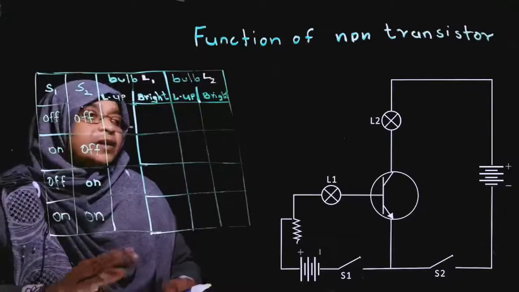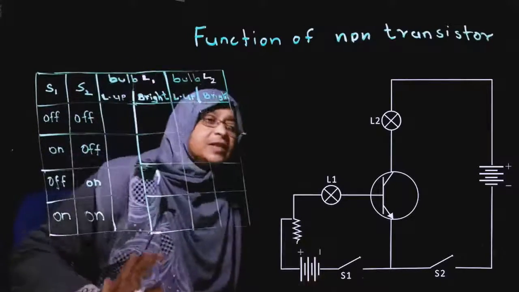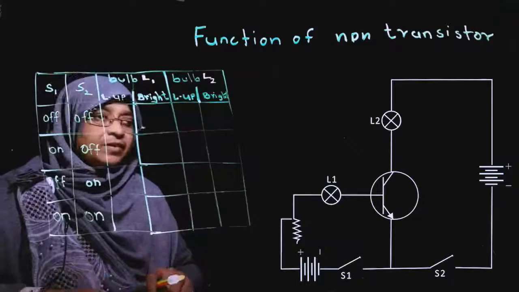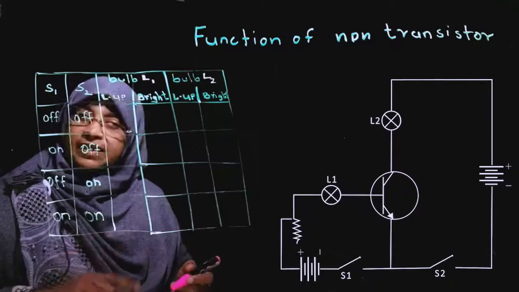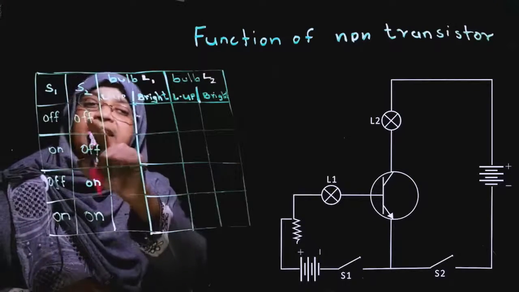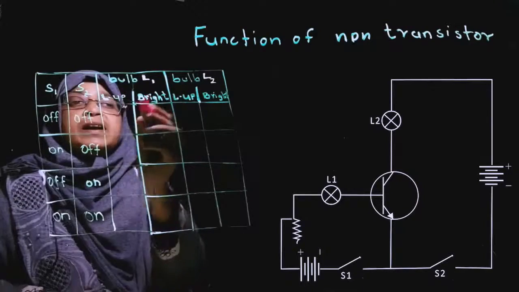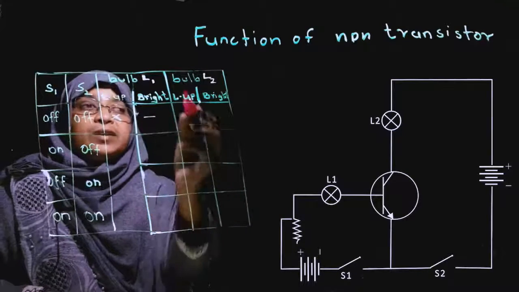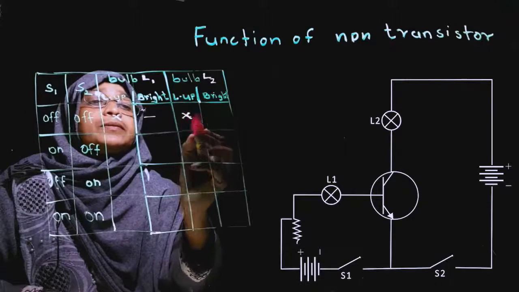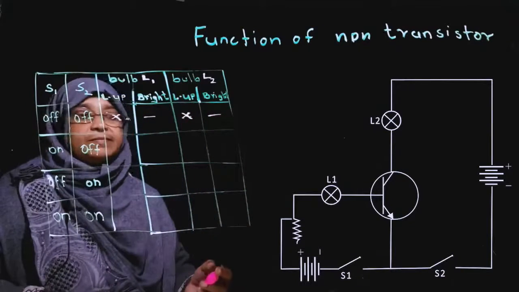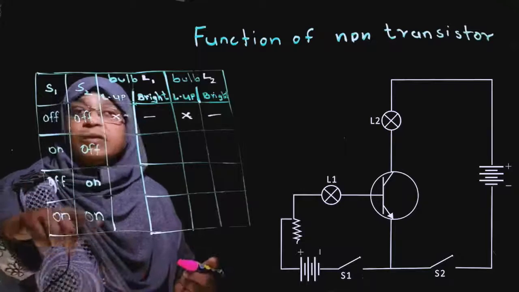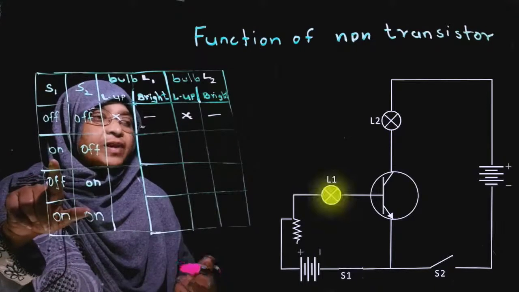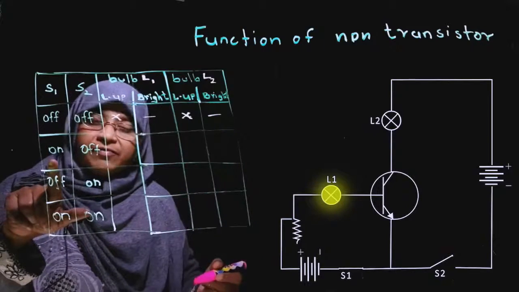Okay, now we are going to observe this circuit according to this table. When S1 and S2 are off, bulb L1 is not lighting up, no brightness. Now input circuit on, output circuit off.